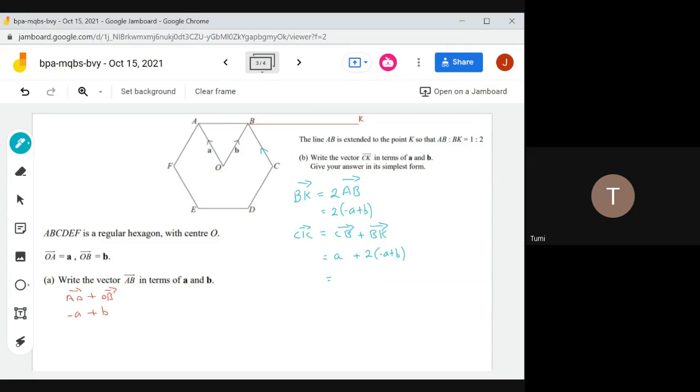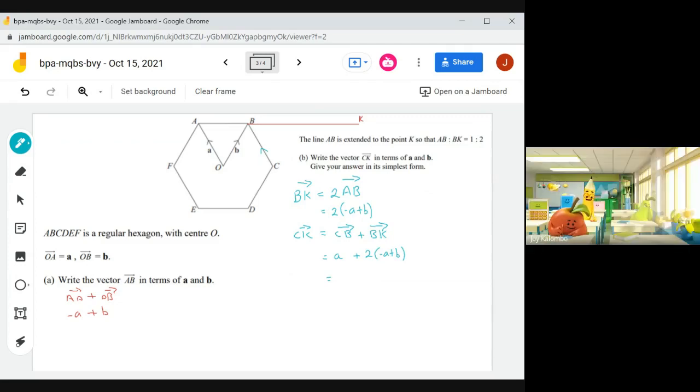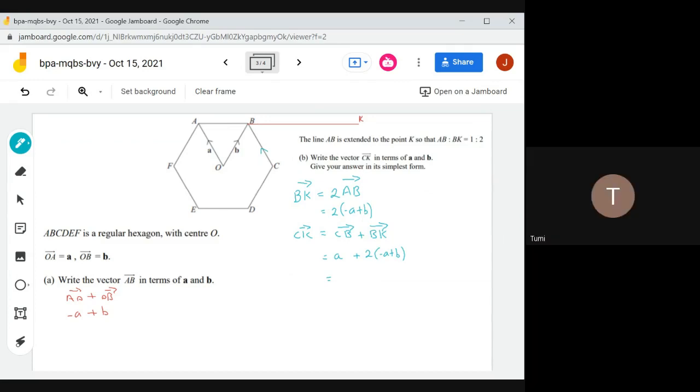And then if you simplify everything, or would it just be B? No, A. I'm not sure.